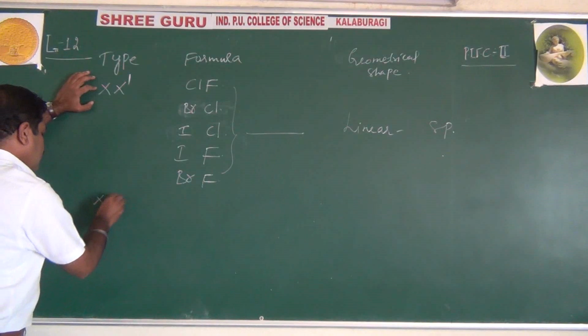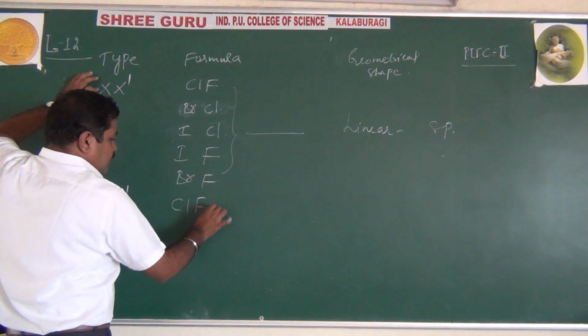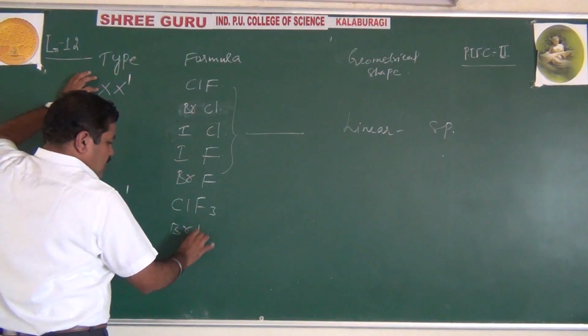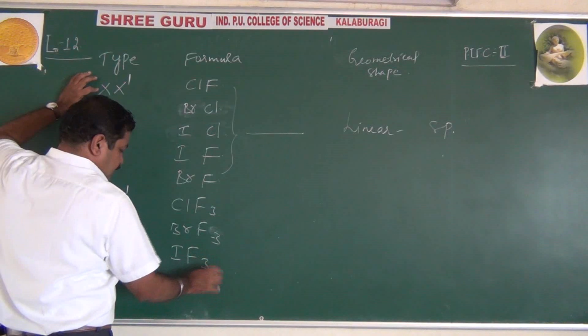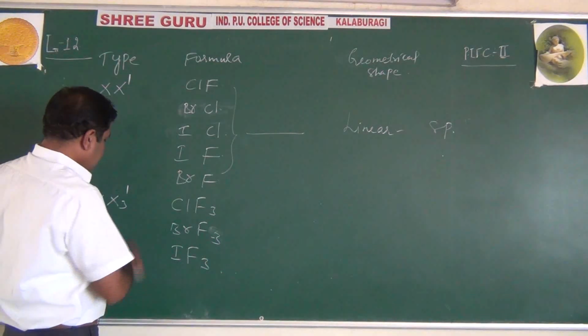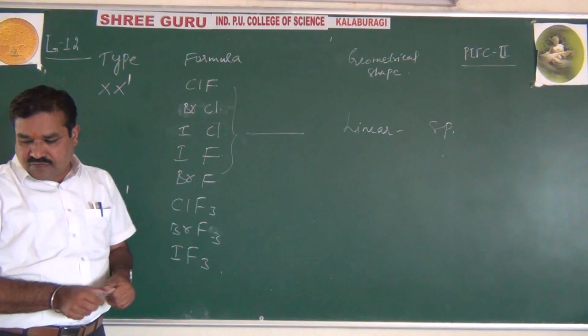Then XX'3: ClF3, BrF3 is possible, IF3, iodine trifluoride. Apart from ClF3, BrF3, IF3, even ICl3.